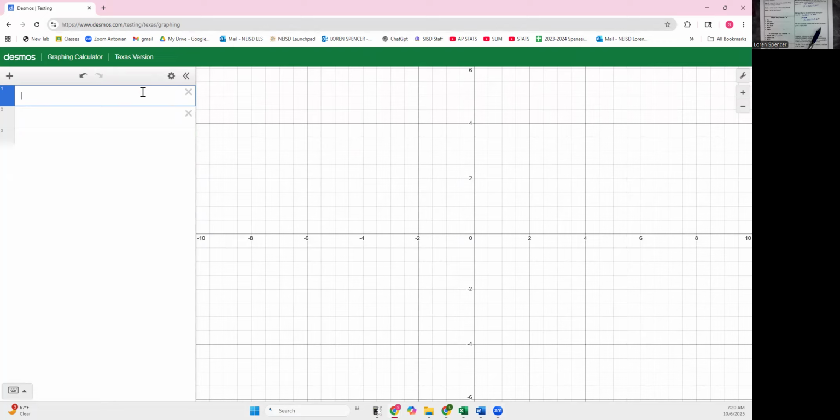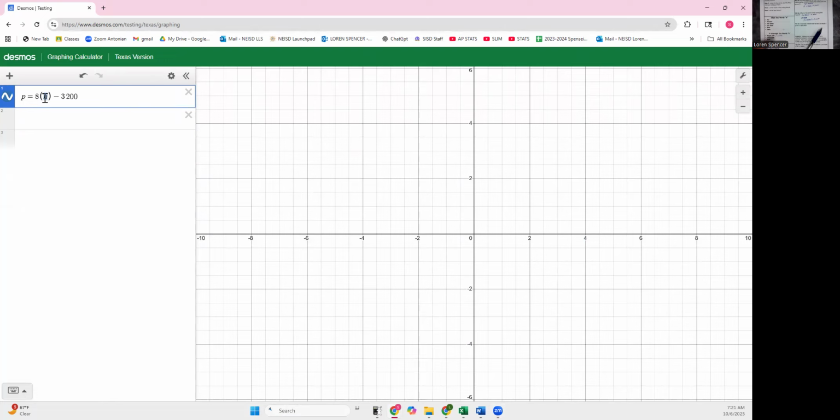So our equation in y equals mx plus b format is P equals 8 parentheses n minus 3,200. And we have this equation.